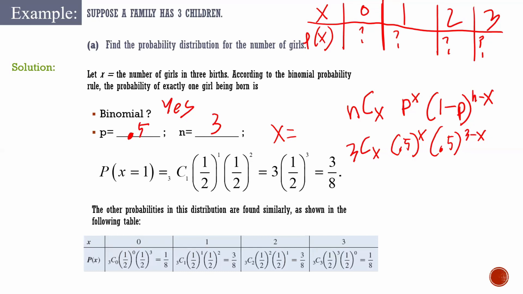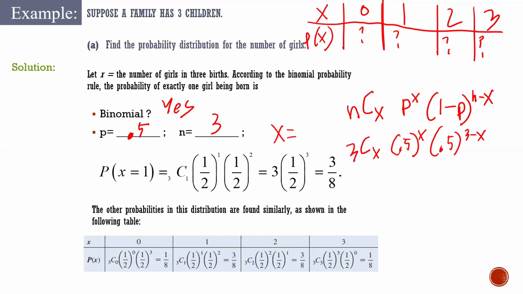Notice 3 choose 1. 3 choose 1, everybody, is equal to what? So 3 choose 1 means how many ways can I choose 1 object from 3 objects? And the answer is 3. So this is 3 times 1/2 times 1/2 squared.